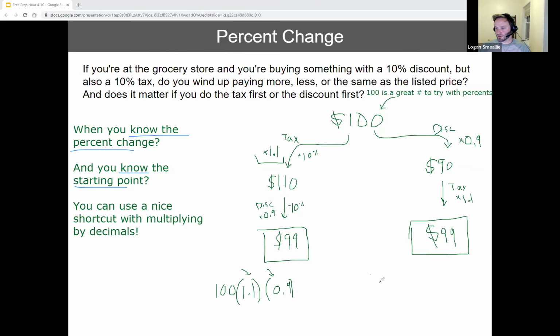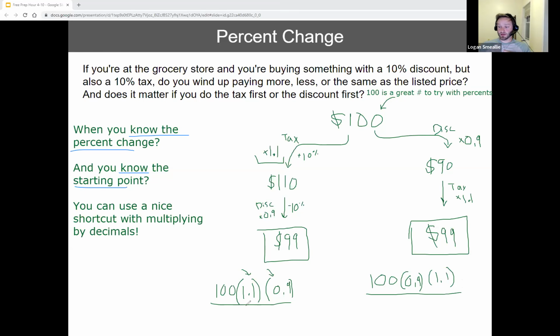And over here on the right, we took the $100 starting point times 0.9 times 1.1. The same three things multiplied. If you're ever multiplying and all you're doing is multiplying, the order in which you multiply the stuff makes no difference. That's why behind the scenes mathematically it comes out the same.